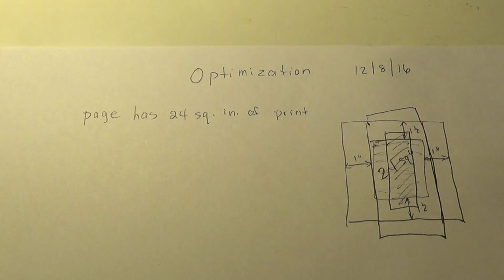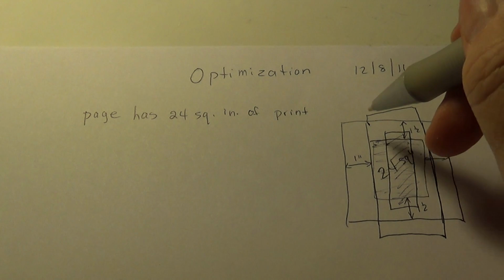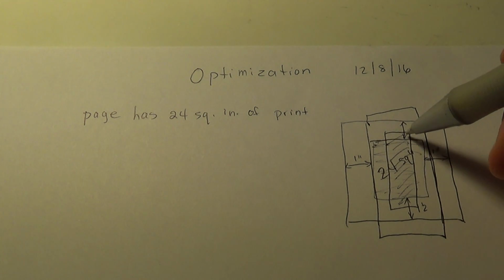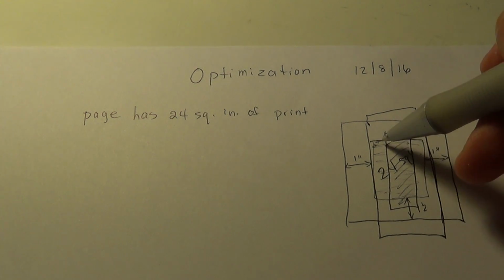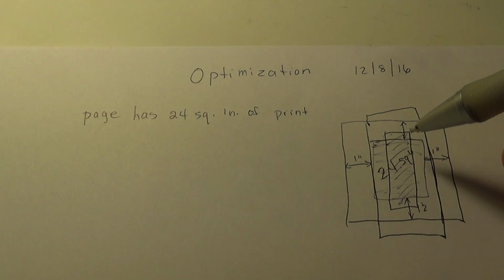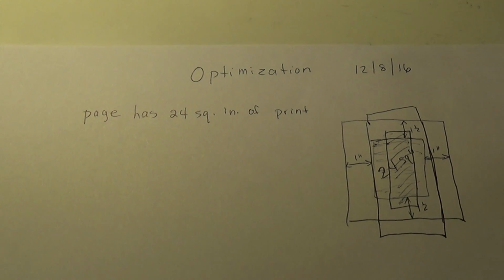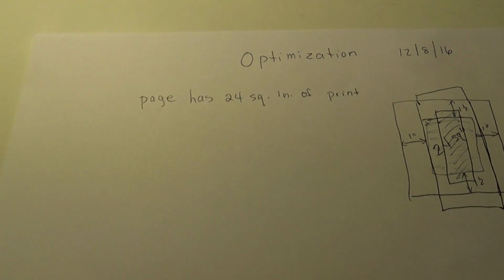So I can have the dimensions of this page to be anything, but I've got to keep the print at 24 square inches, and the margins are set. But the actual page can have any dimensions. So that's what I'm trying to think about here.